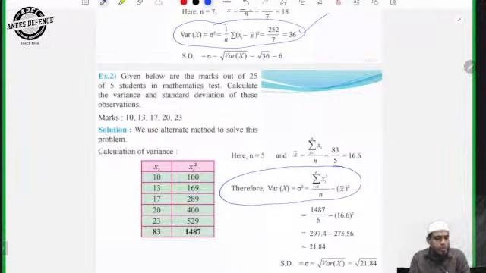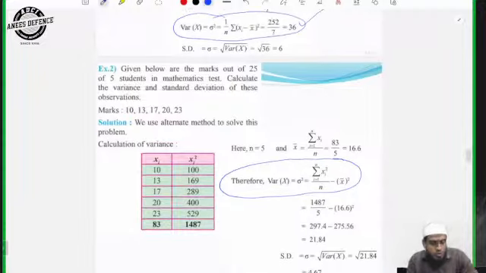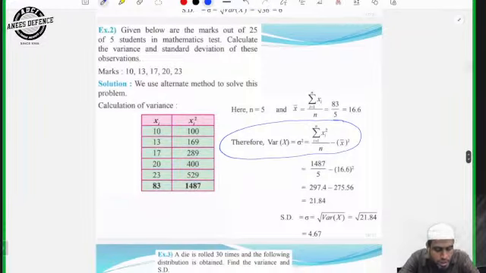So given below are the marks out of 25 of 5 students: 10, 13, 17, 20, 23. And xi square is just the square of the observation. So what is the final simplified formula? Variance is equal to sigma square is equal to summation of i equal to 1 to n xi square by n minus x bar the whole square.